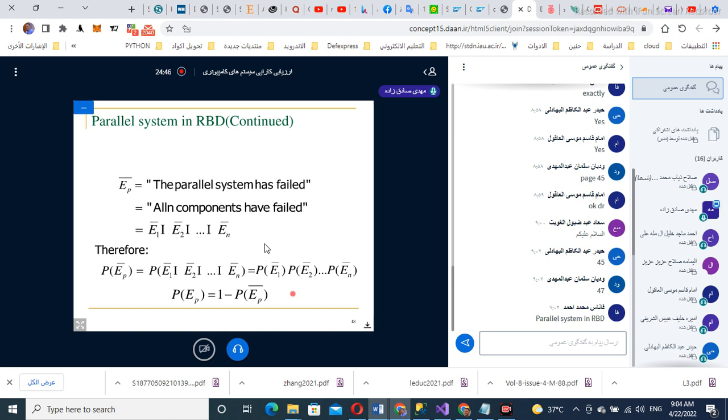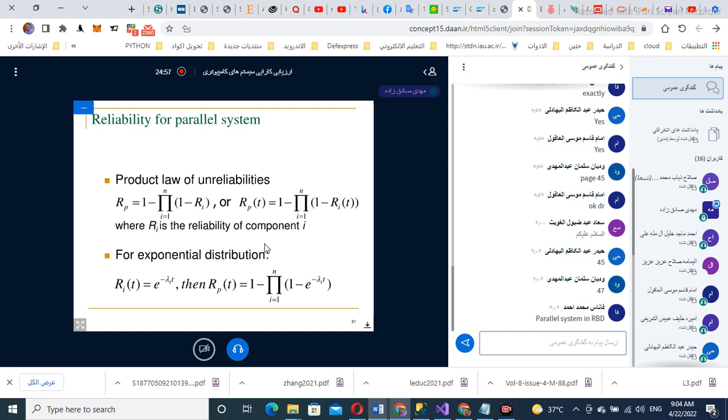The probability of Ep equals 1 minus the probability of Ep bar. Reliability for a parallel system follows the product law of unreliabilities, so the reliability of the parallel system equals 1 minus the product for i equals 1 to n of (1 minus Ri).